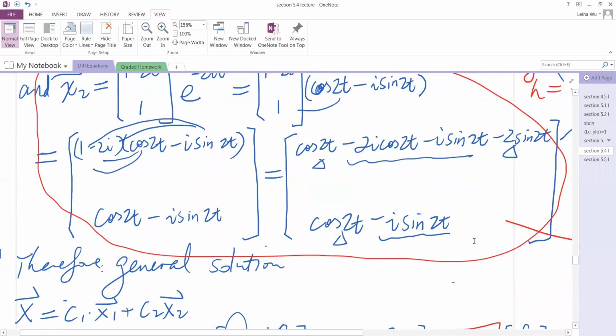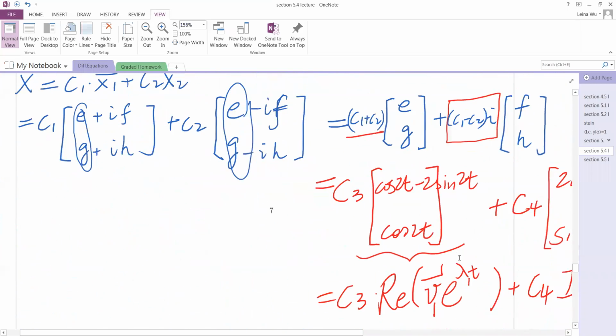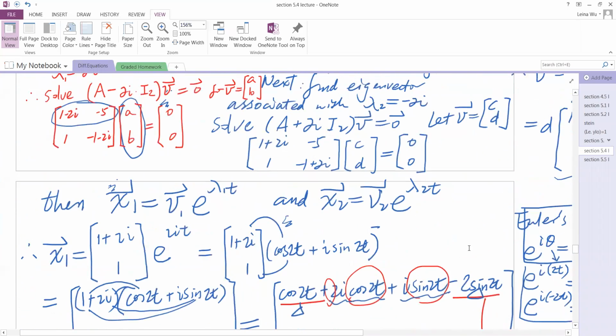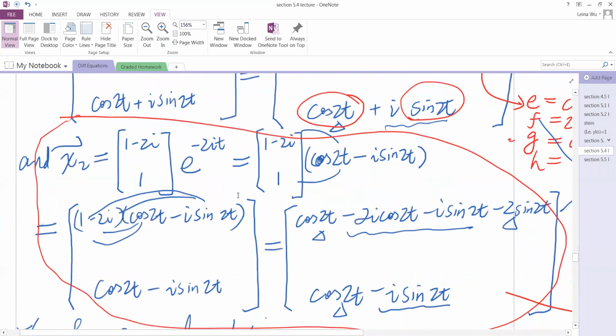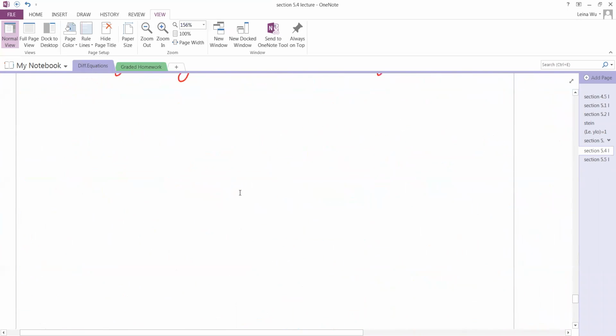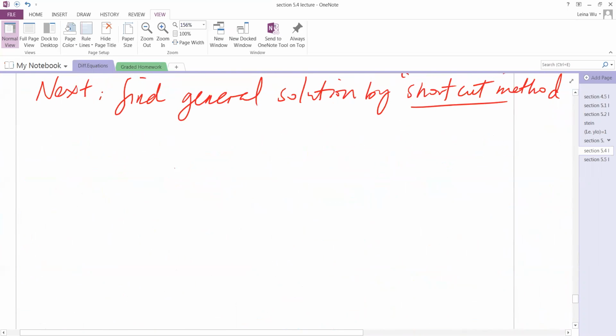Right, v1 e raised to lambda 1t, which is just your x1. x1 is useful. So let's go ahead and still do this x1. So let's figure out x1. x1 is v1 e raised to lambda 1t, right?